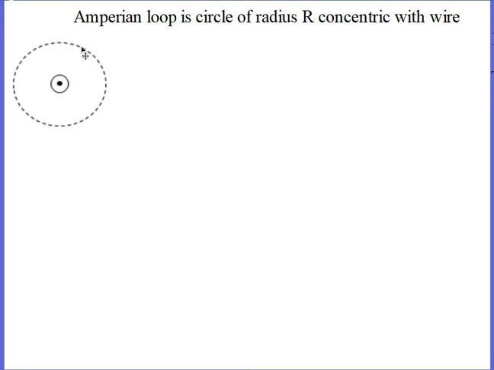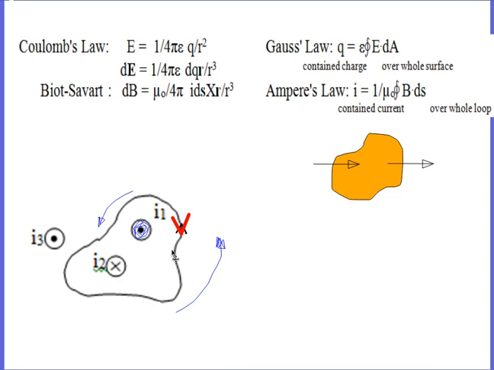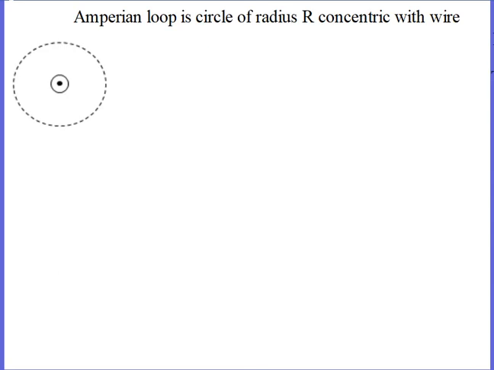And just like with Gauss's law, symmetry is going to be very important. We could talk about the behavior for this Amperian loop, but if you tried to evaluate the integral for that, it would be craziness. So we choose a nice Amperian loop and we describe it.